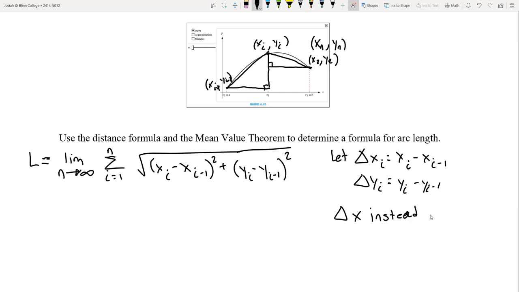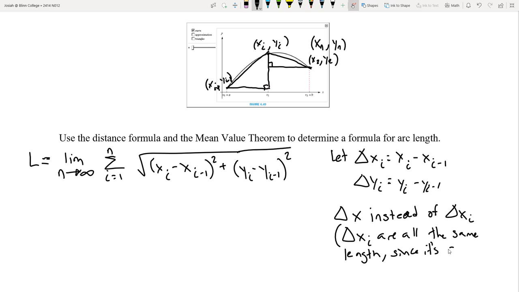So instead of delta x sub I, we'll just use delta x. So the reason is the delta x sub I are all the same length, since it's a regular partition.